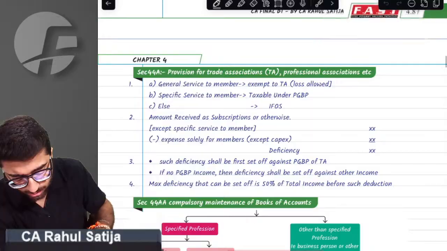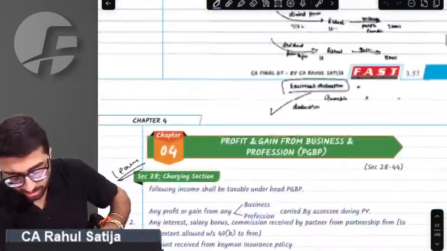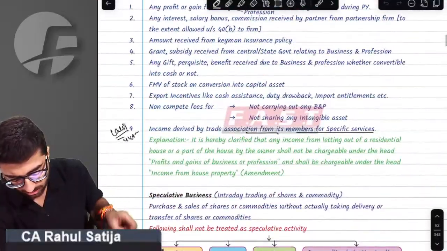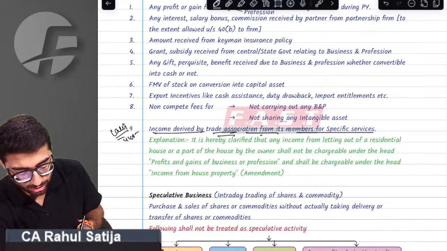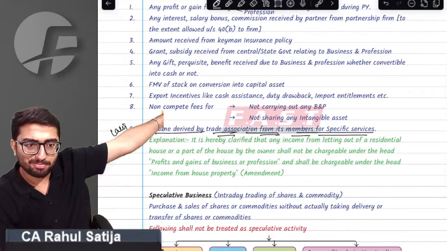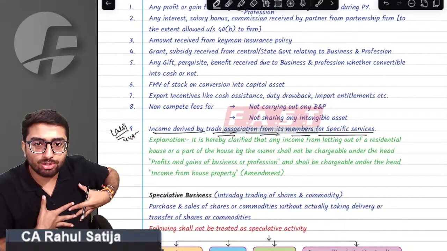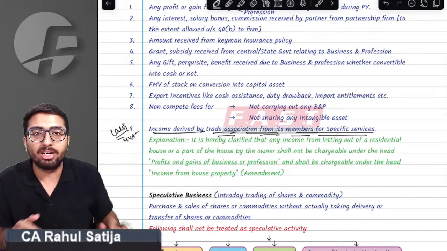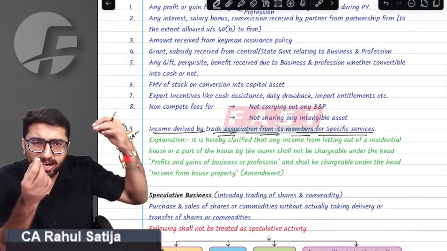Sir, coming to this point, we had left certain things in the charging section. This is why we had left income derived by a trade association from its members for specific services. If a trade association gives any kind of specific services to its members, for example, letting out of a ground, it is taxable under PGBP. If it gives such property to an outsider, it is by default PGBP.